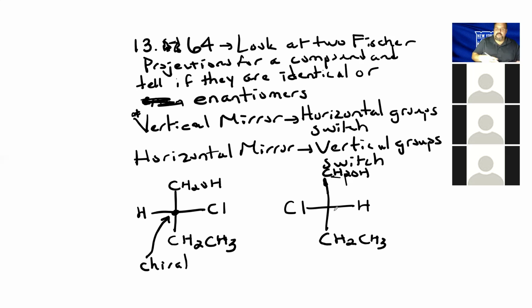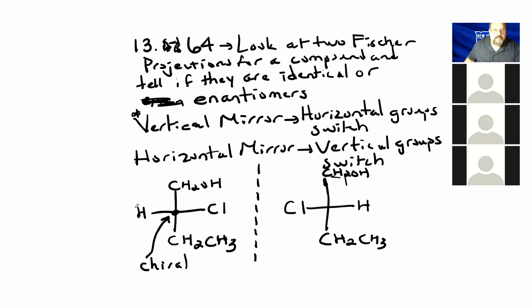Now, in this case, what mirror did they use? They used a vertical mirror. Because look what happened. Everything vertical stayed where it was. The Cl, which was on the right of the chiral carbon, ended up on the left.